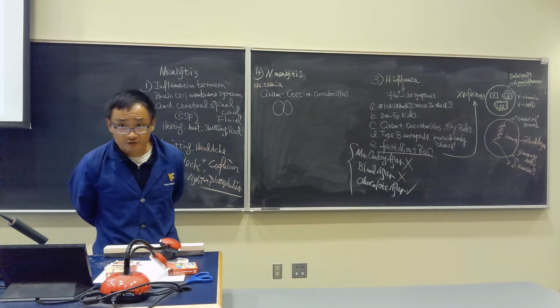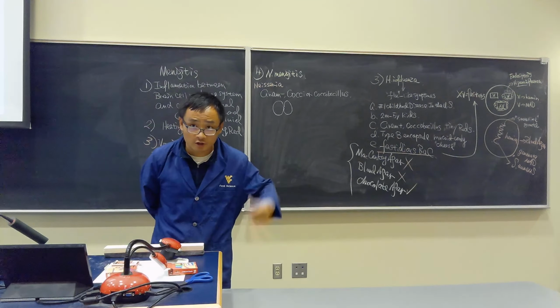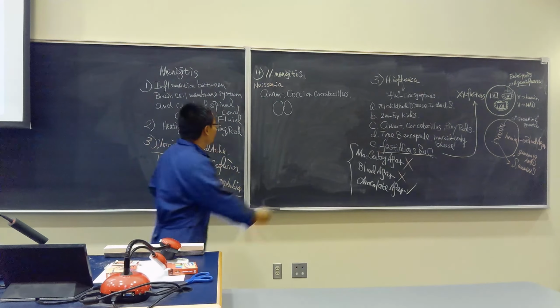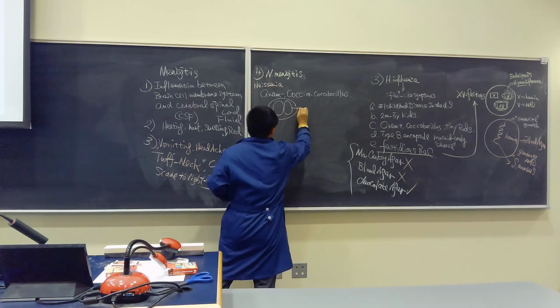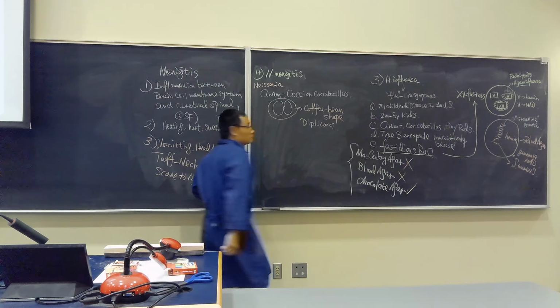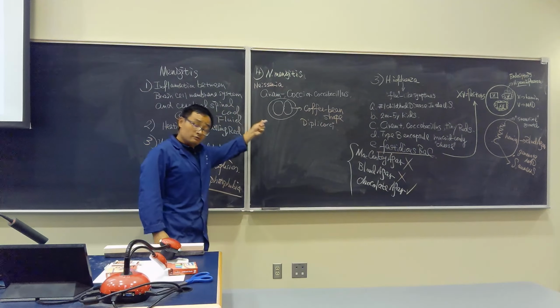Did you drink coffee in the morning? Did you make coffee by yourself? What does it look like? A coffee bean. Coffee bean shape. It is also diplococci. So, very interesting.